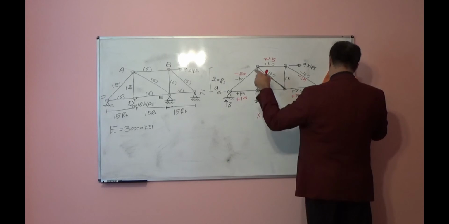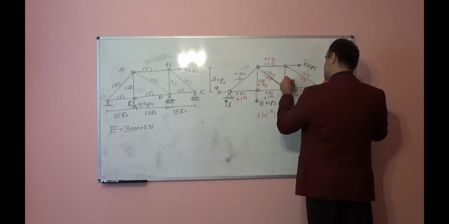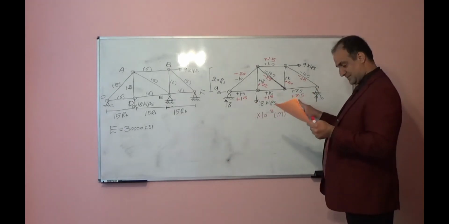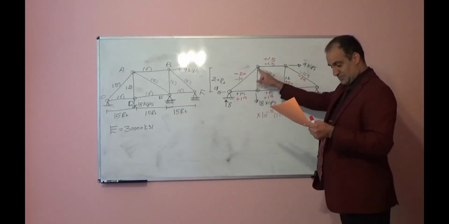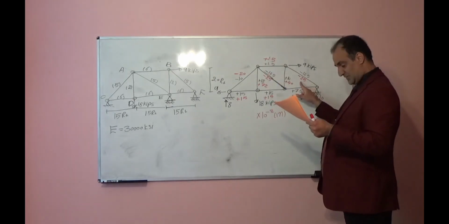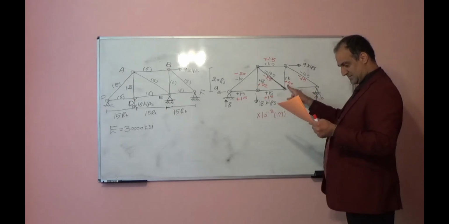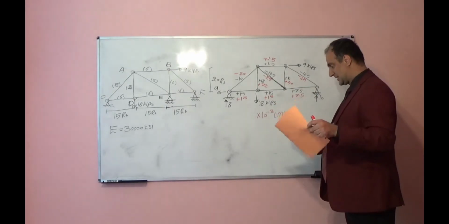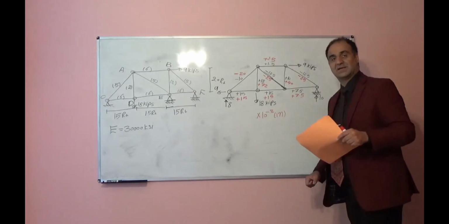So the red shows elongation. This will be positive 40. So positive 15, 15, 7.5, negative 20, 1.5, negative 25, positive 40, negative 25. Red shows elongation times 10 to the power of negative 3 inch.